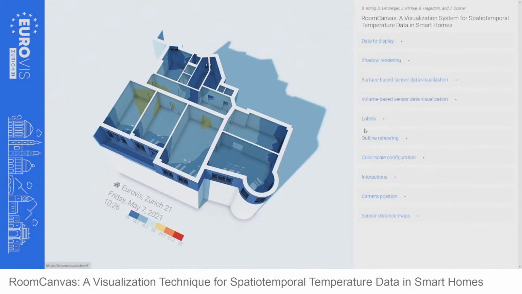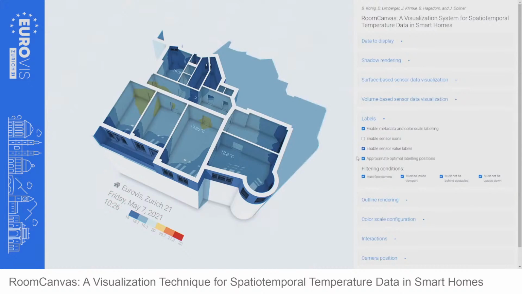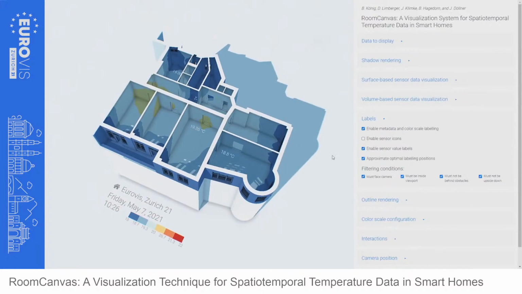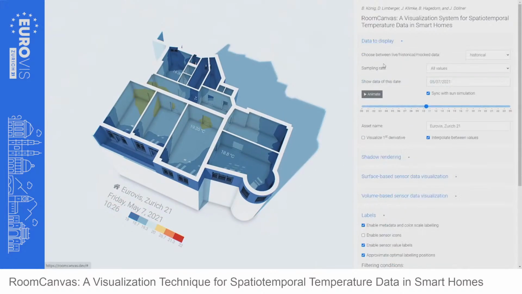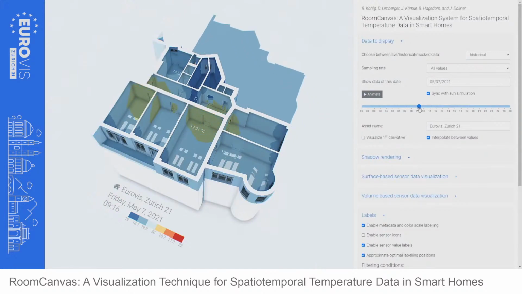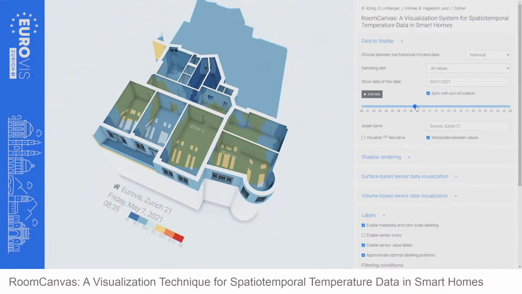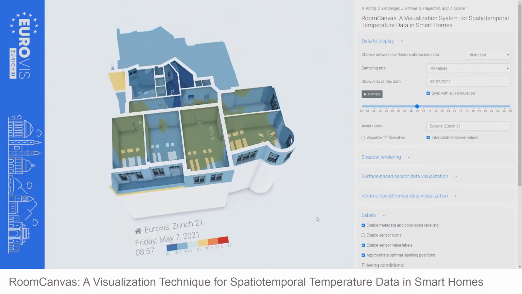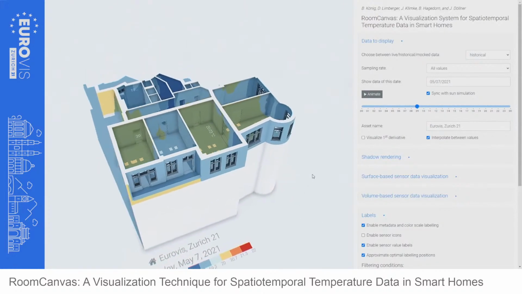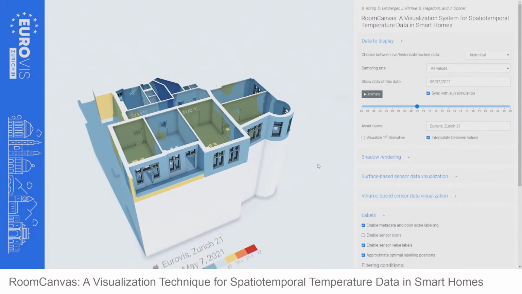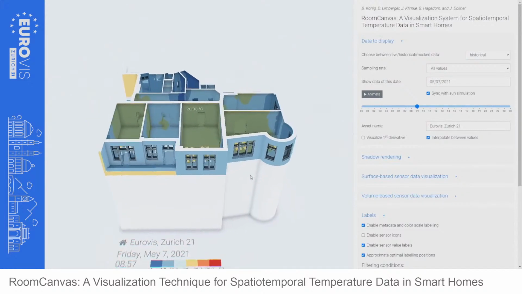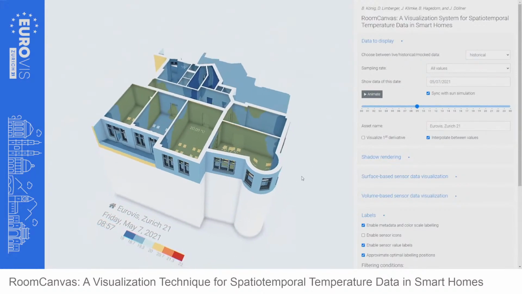We can also enable some labels to show us the sensor values at the currently selected time and date. So if we change the time now, we see the labels representing the respective values of those sensors. Notice how the values presented change their respective position. This is due to an automatic label placement algorithm that I will also talk about in detail a bit later on.